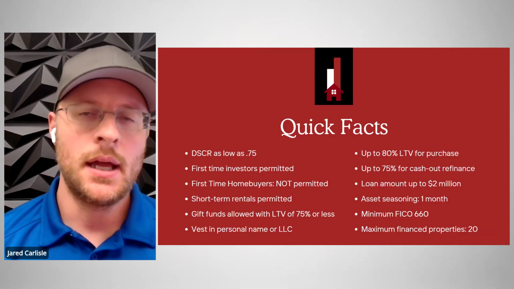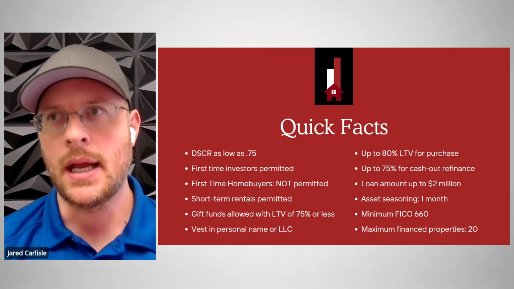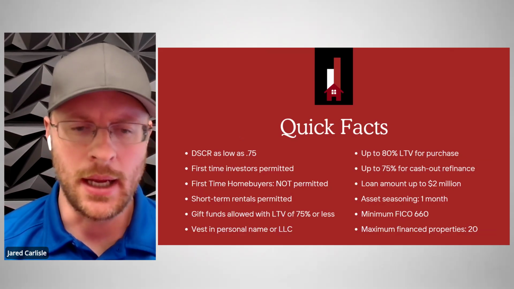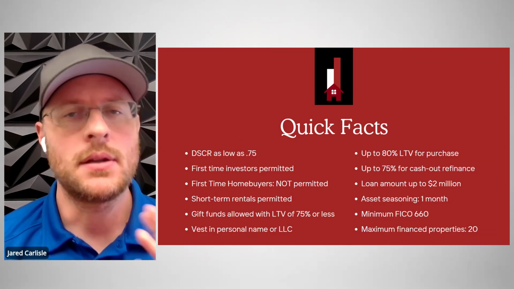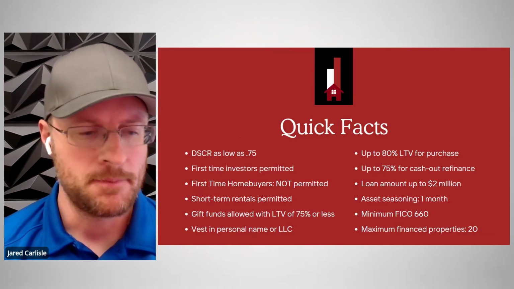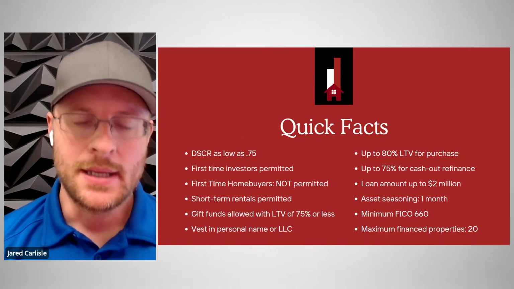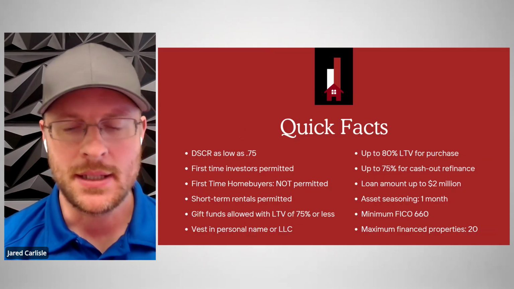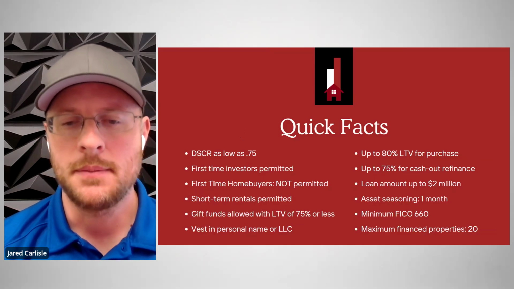They can handle short-term rentals. So if this was like an Airbnb, they have a whole behind the scenes, I think it's like AirDNA or something like that, where they try and calculate what the projected income on that property would be. So some gift funds in some instances can be allowed to help out. You can invest in your personal name or an LLC.